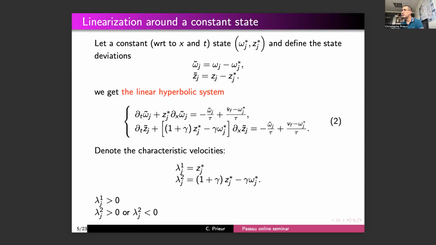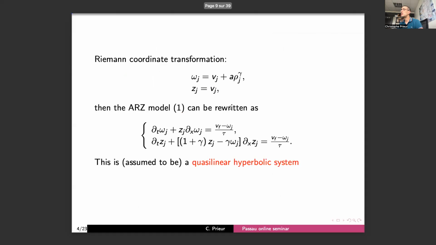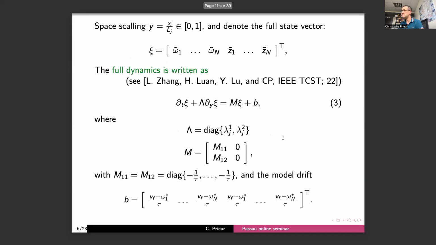You see here there is a velocity, and here there is a velocity, so it is a linear contribution. This is given by this M matrix, and the B is due to the relaxation term. It depends on the equilibrium state, so it is just a constant which is given by that.